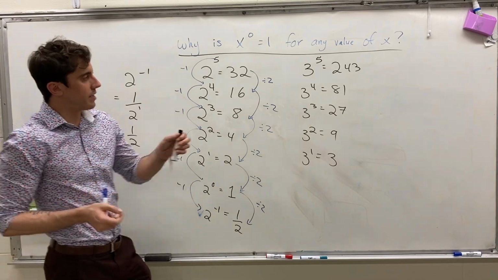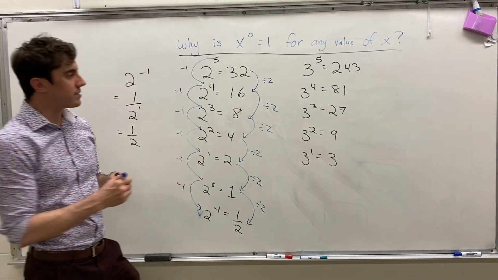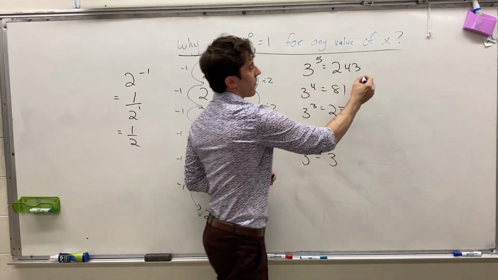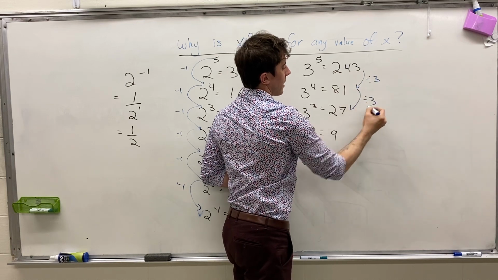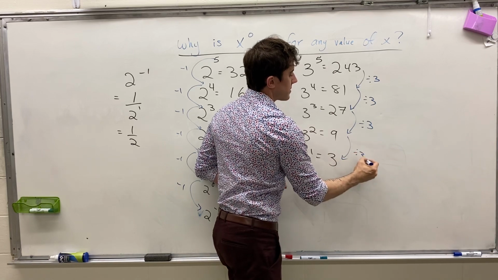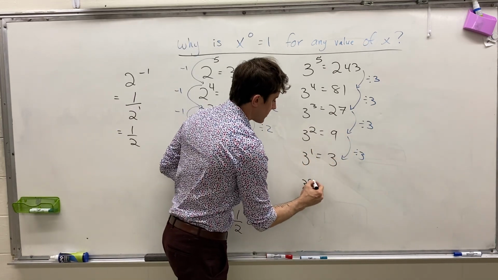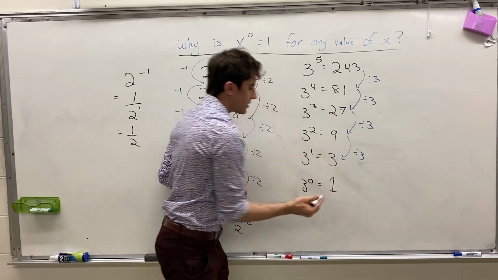And so if we look at our patterns in similar ways, we see the exponent continues to drop down by 1 at a time, and that our values analogously decrease by now a factor of 3, since our base is 3. And so, if we're bold enough to go down to 3 to the power of 0 once more, 3 divided by 3 brings us again to 1.